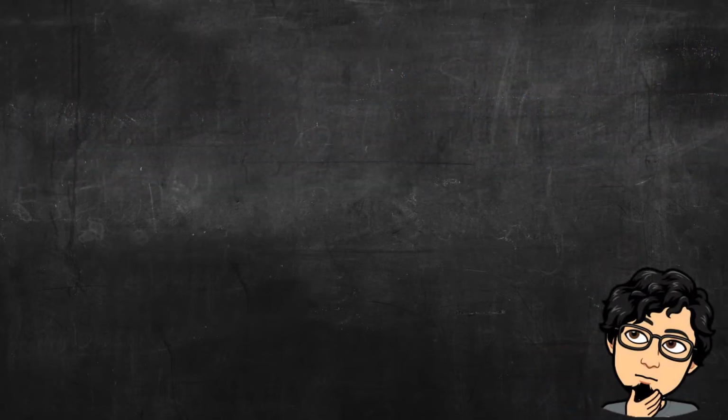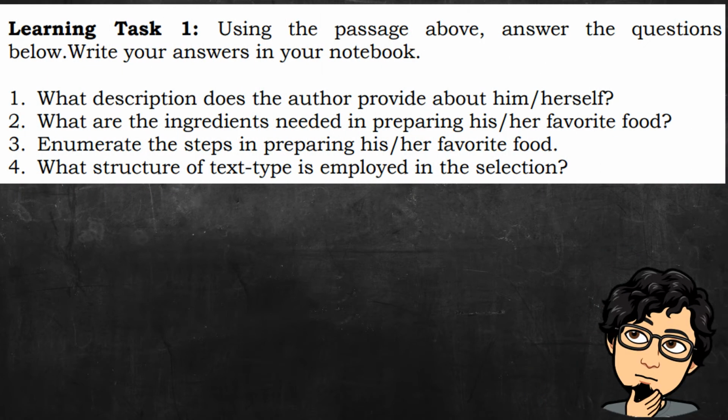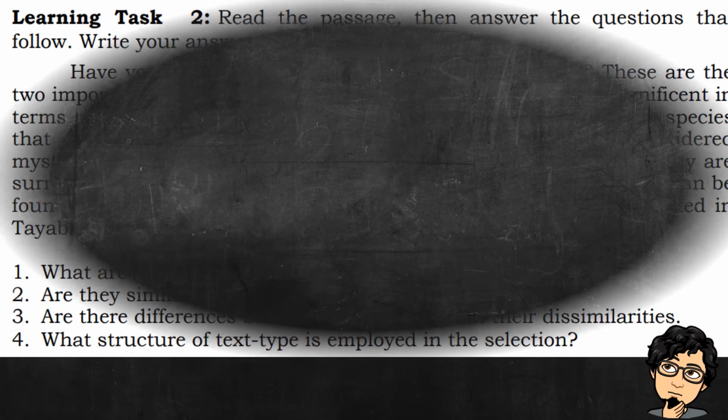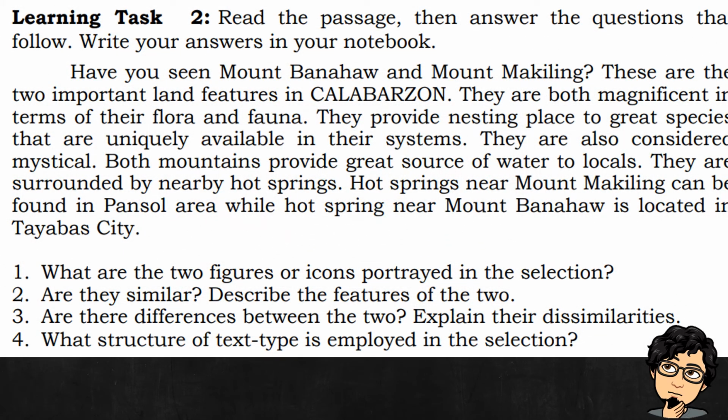For our first learning task, using the passage that we have read, answer the questions below. Write your answers on your paper. Second learning task. Read the passage, then answer the questions that follow.